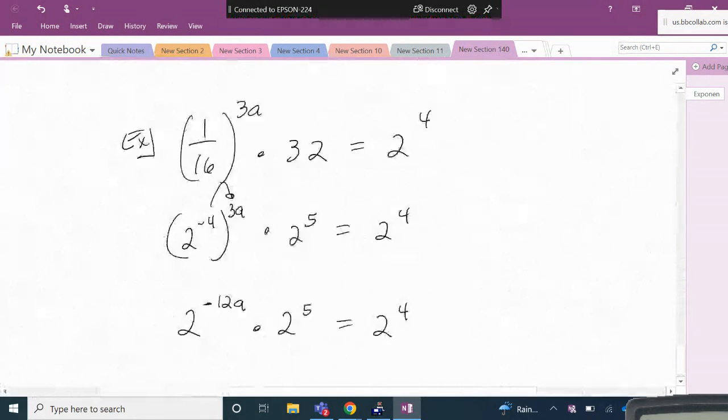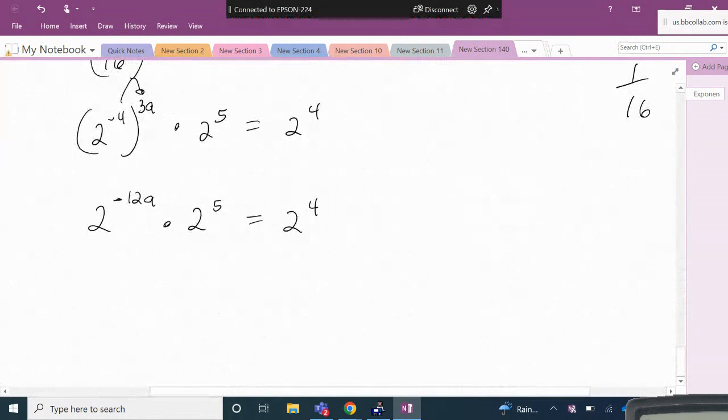So going back to our problem, I'm multiplying 2 to the negative 12a times 2 to the 5th power. So I'm going to add those exponents. So I'm going to write this as negative 12a plus 5 is equal to 4. And now I'm going to solve.